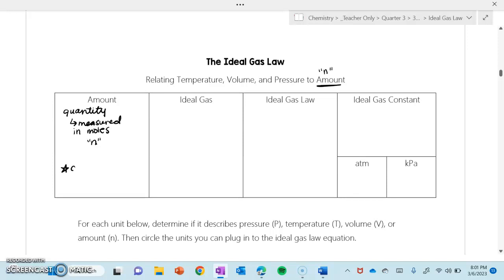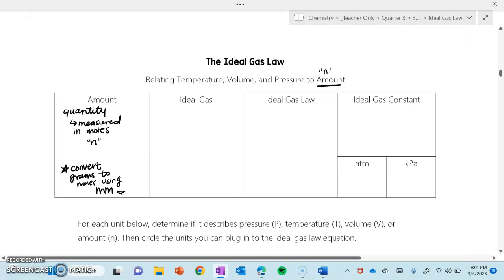So just put a little note here: convert grams to moles using molar mass, MM standing for molar mass, if needed. We're actually going to focus on this on Wednesday because I know it's been a hot second since we've done molar mass. So we will focus specifically on using it for Wednesday's math skills.